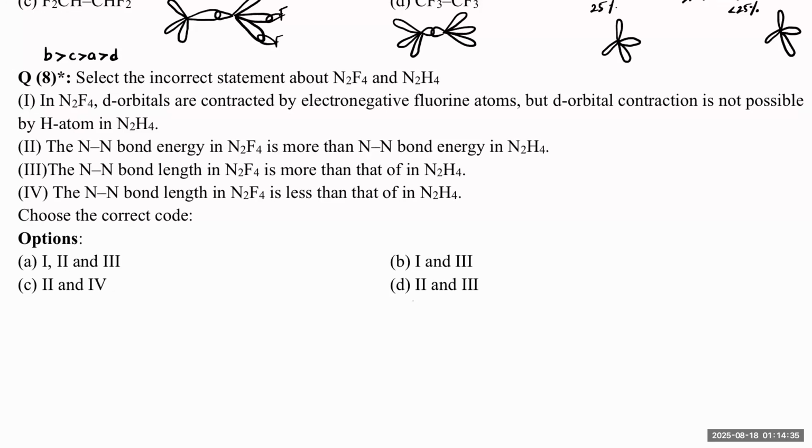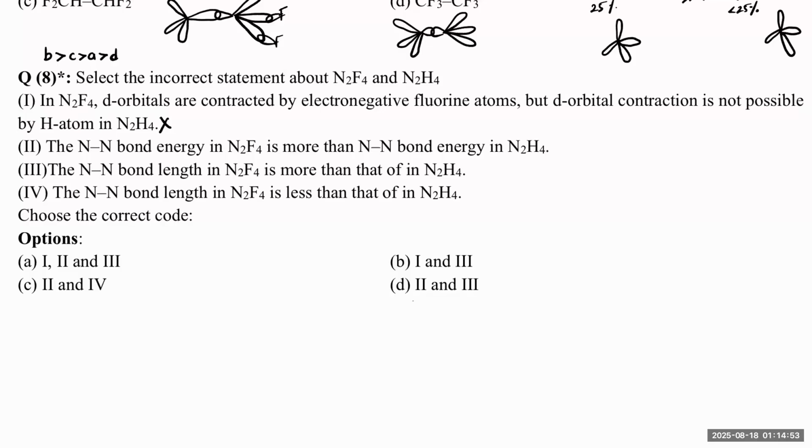Please tell me, do we have any d orbitals present in it? Everybody? No. So is this statement actually valid? No, right? Neither nitrogen nor fluorine has d orbital electrons present. So this one is definitely wrong.